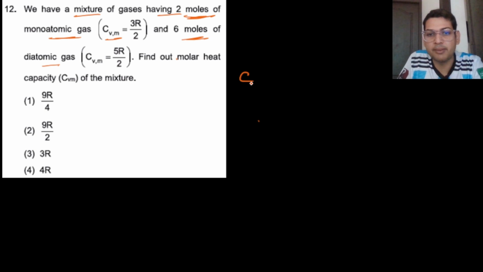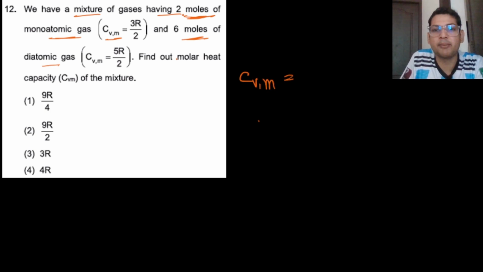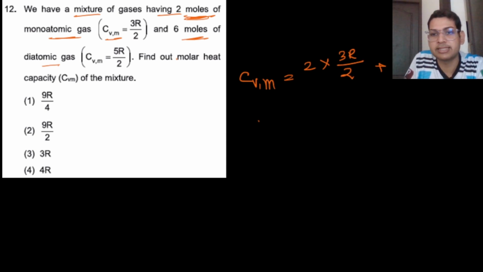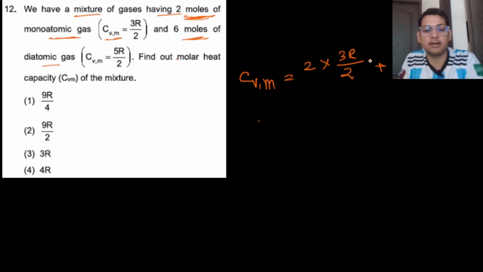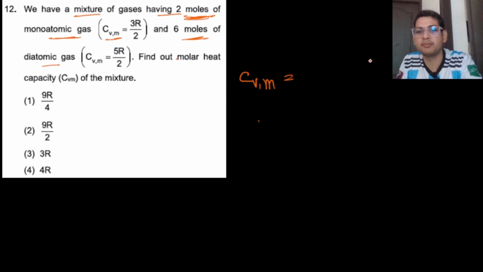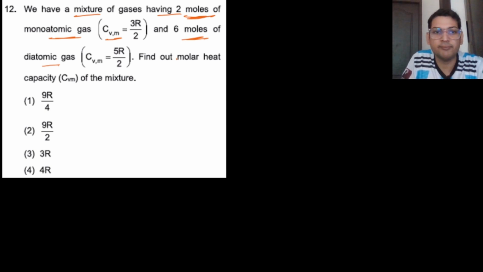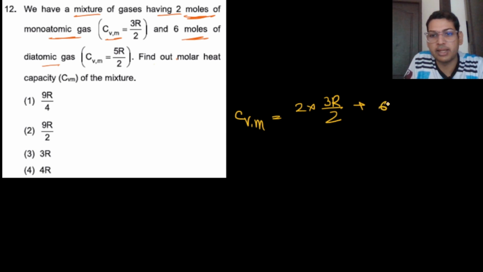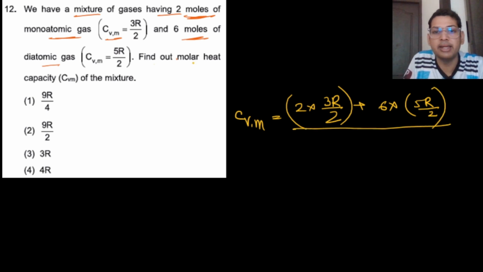So CVM I can write as: what is the number of moles? 2 mole into its CVM, that means 3R by 2, plus 6 mole into its CVM, 5R by 2, divided by the total number of moles, 2 plus 6, that means 8.